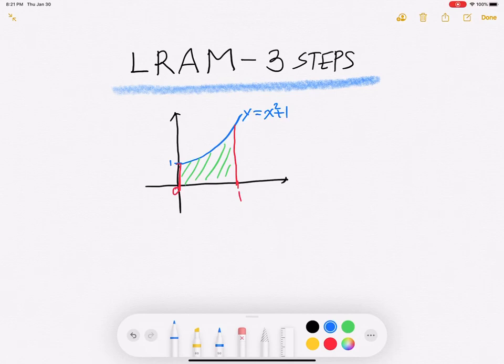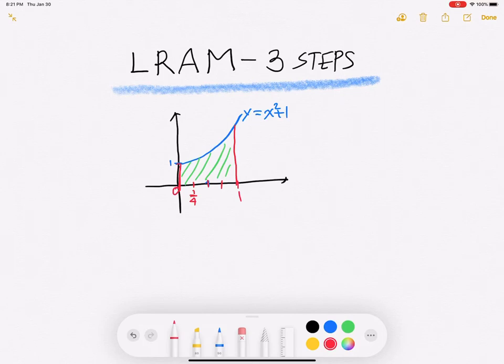To make 4 rectangles, at first we have to make 4 identical subintervals with the same width. So separate 0 to 1 into 4 subintervals, like this. The first point is 1 over 4, because the length between 0 and 1 is 1, and 1 divided by 4 is 1 over 4.